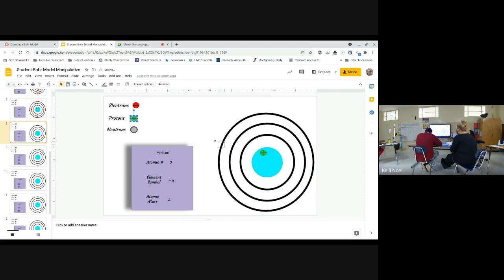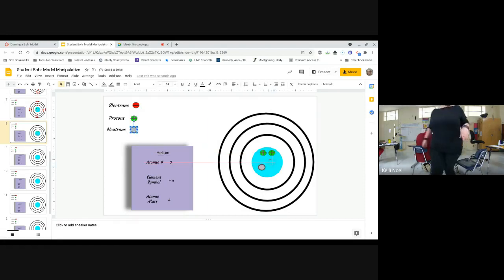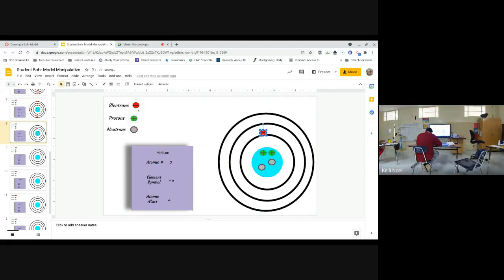That's not bad. And neutrons, 4 minus 2 is 2, so I just need 2 neutrons. And then electrons, I just need 2. And that's it.